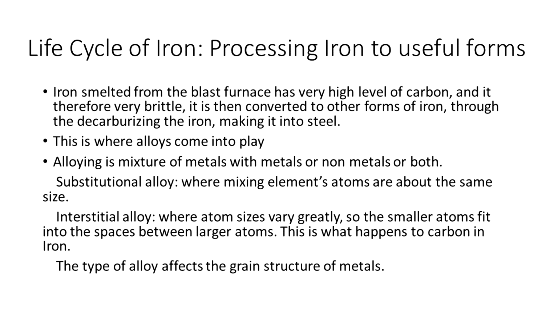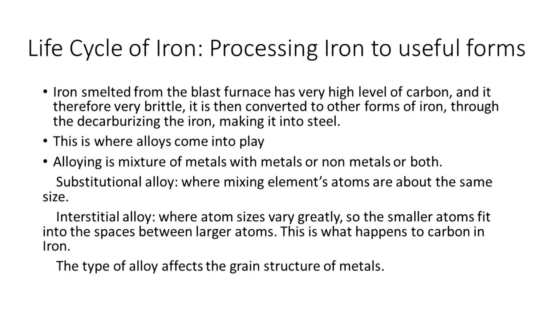However, iron smelted from the blast furnace has a very high carbon content and is therefore incredibly brittle. It needs to be converted to other forms of iron through decarburizing. This is where alloys come into play. Alloying is to mix metals with metals or non-metals or both. There are two types of alloys, substitutional and interstitial.